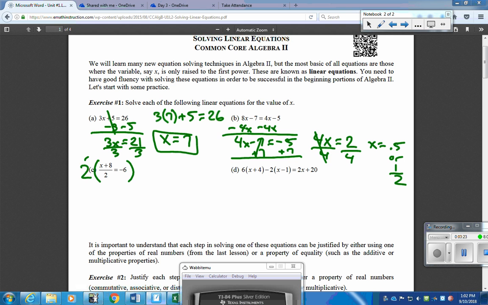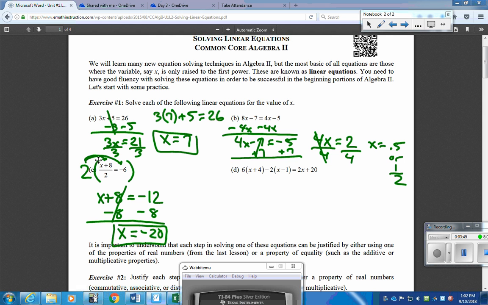So we do 2 times the fraction and then 2 times negative 6. So we'd end up with x plus 8 equals 2 times negative 6, which is negative 12. Then I can subtract 8 on both sides to get the x by itself and balance it out. So I'd have negative 12 minus 8, which would be negative 20. And again, you'd put it in the calculator like that. How you say it is how you type it.